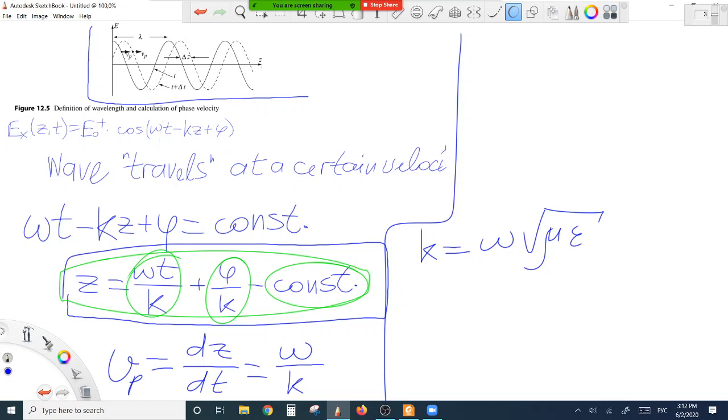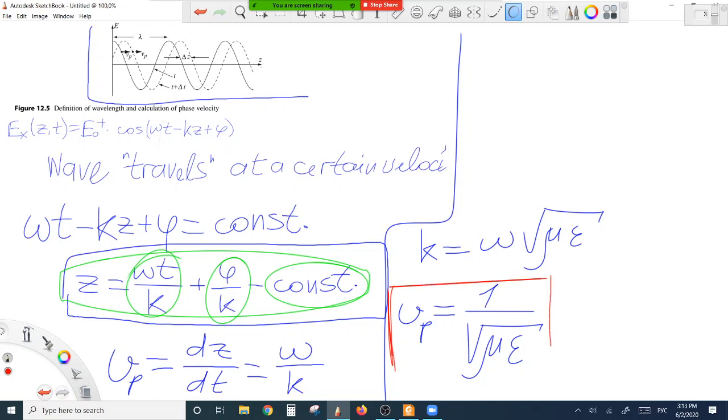And from this, we may write that the speed of propagation of the wave in the medium is equal to omega, omega simplifies, 1 over square root of mu epsilon. So this is the speed of propagation of the wave in a medium.